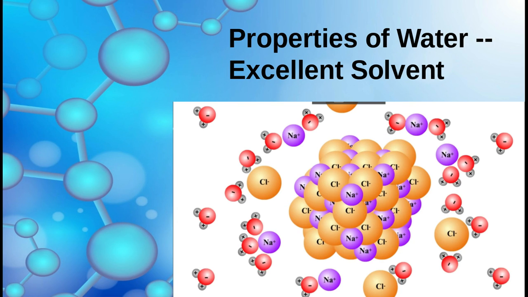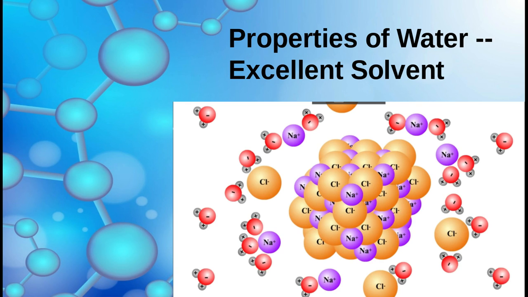Now, here is water acting as a solvent. Now we can see that salt, sodium chloride, it's an ionic compound because the electron from the sodium, the metal, left and went to the chlorine atom because it's a nonmetal. And so they have this plus and minus charge.